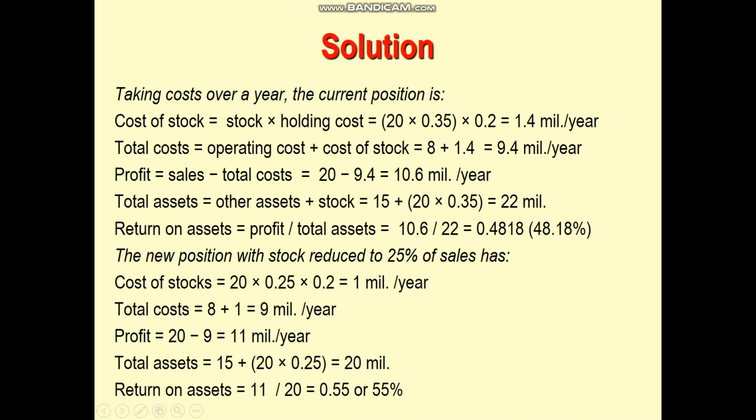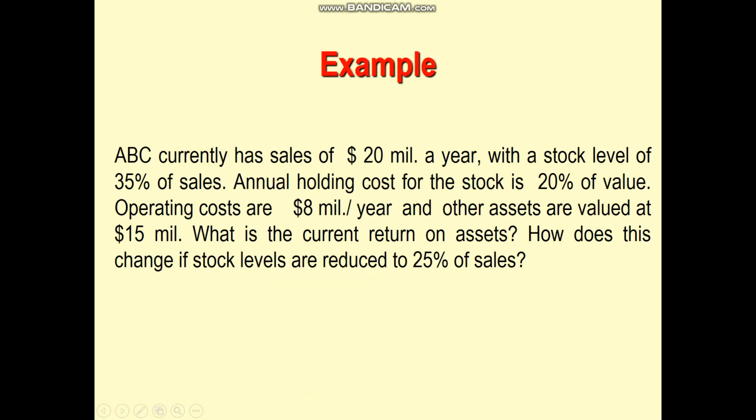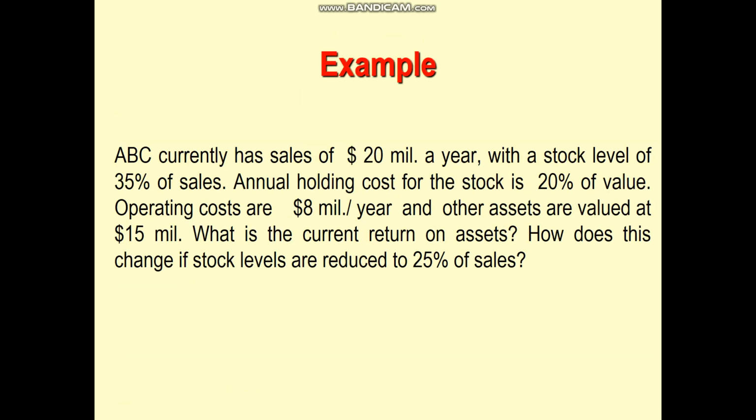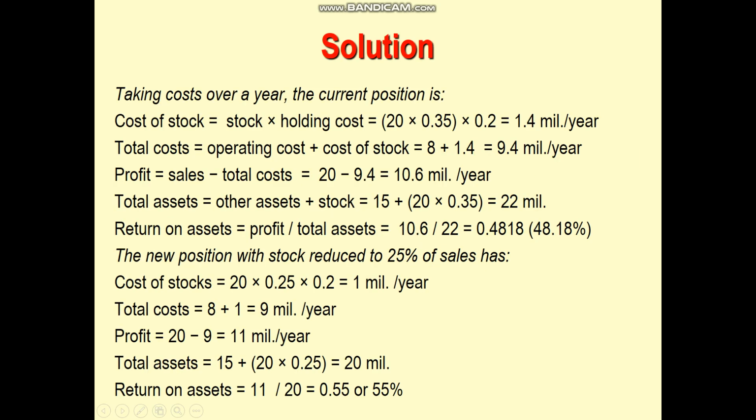So here we have other asset is 15 million, and we have stock is 35% of sales. Okay, so we have 22 million. So we can calculate the return on asset, which is equal to profit divided by the total asset, and we have 48.18%.